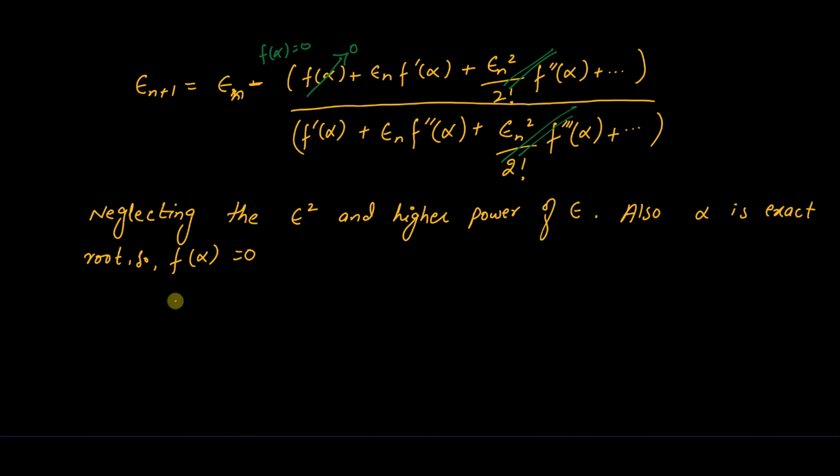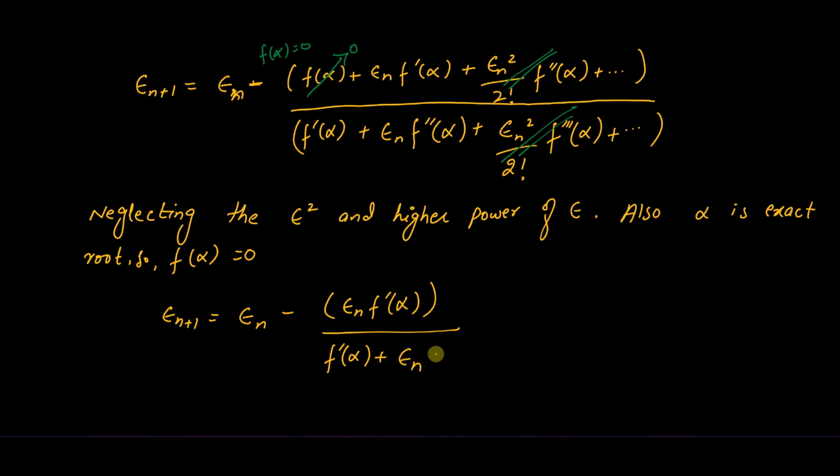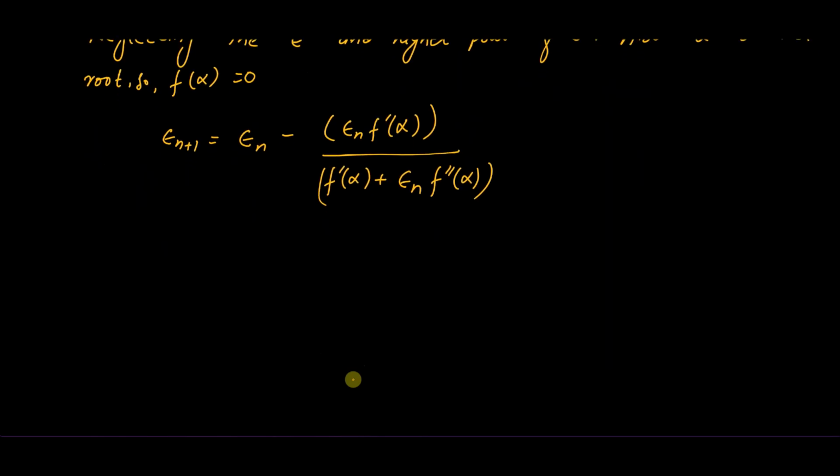So after simplification, we get epsilon_{n+1} = epsilon_n - epsilon_n f'(alpha) / [f'(alpha) + epsilon_n f''(alpha)]. Now we need to take the LCM.